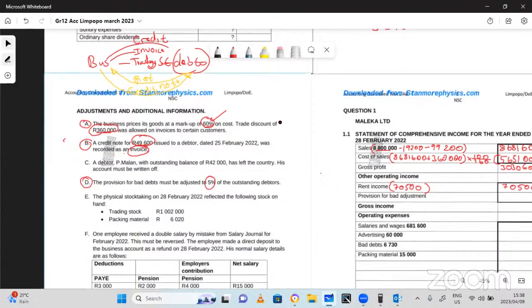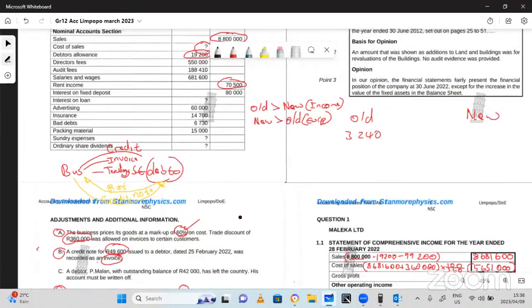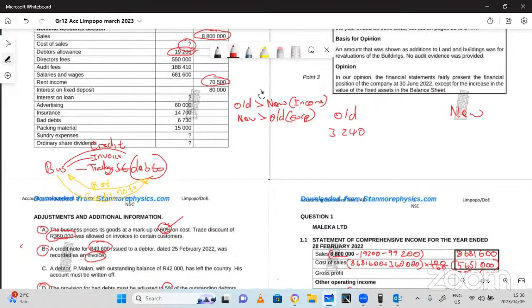So what do they mean by the outstanding debtors? They mean we must calculate the provision for bad debt on the debtors that will be registered at the end of the accounting period, the amount that is being owed to us by our customers.